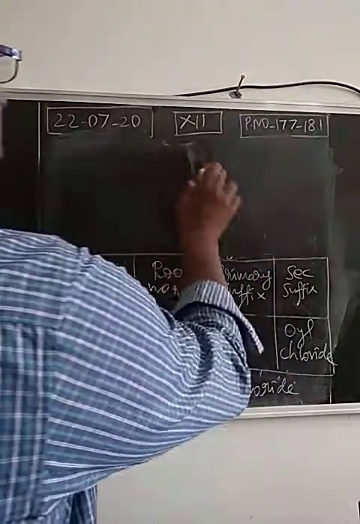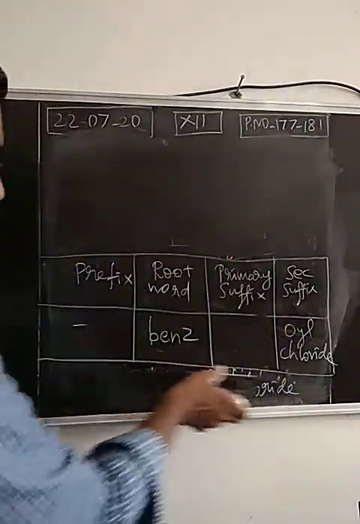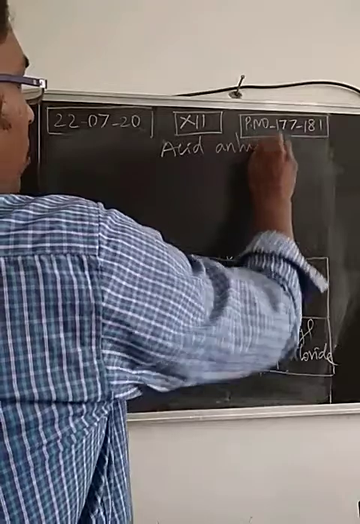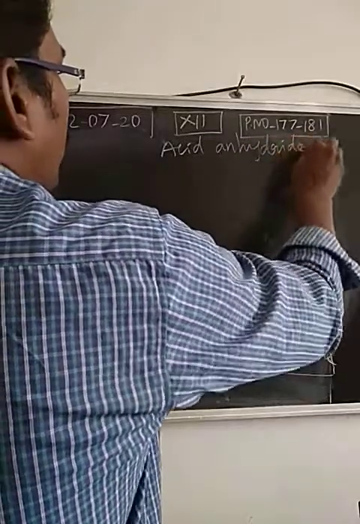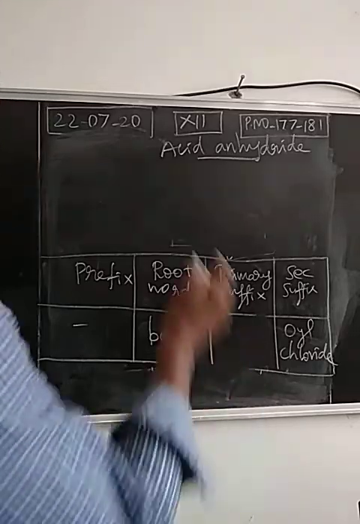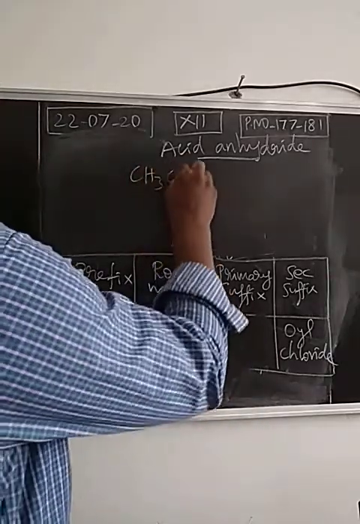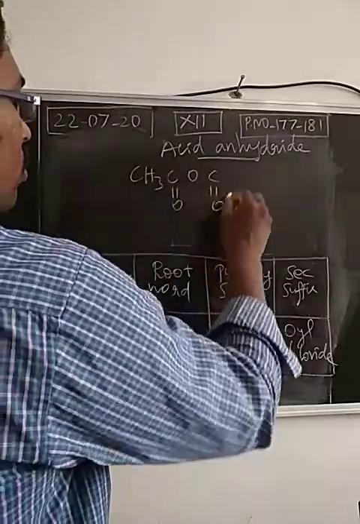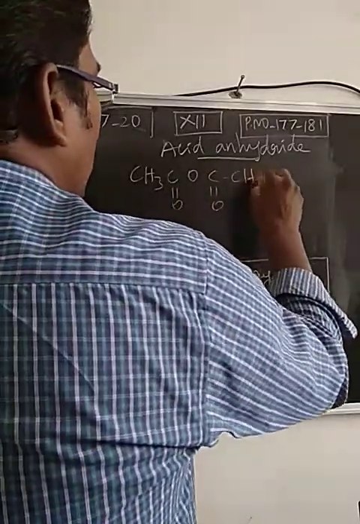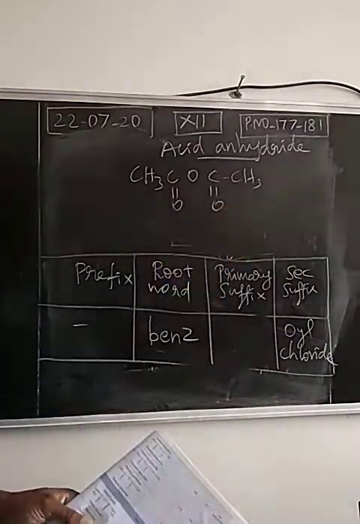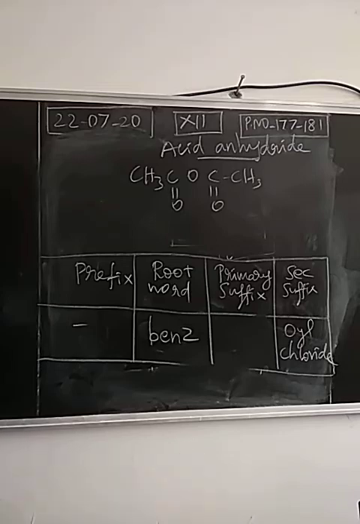Acid halide over. Next, acid anhydride. First member, acetic anhydride, CH3COOCOCH3. On page number 181, in the book it is given as CH2, we just change it to CH3.